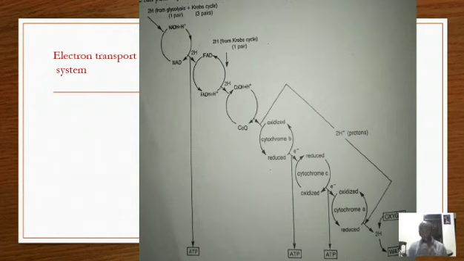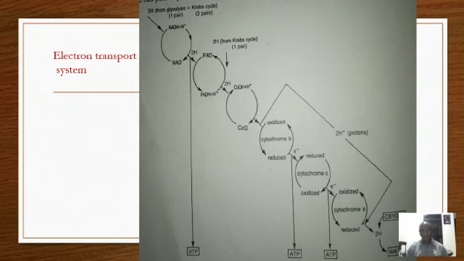Electrons pass along a series of electron carriers known as cytochromes. That is cytochrome B to cytochrome C to cytochrome A. In the process, more ATP molecules are liberated as a result of oxidation of the cytochromes. Remember, oxidation is the loss of electrons.